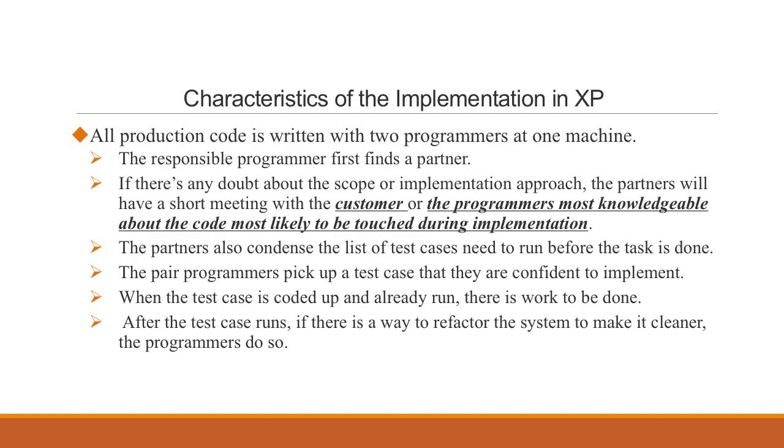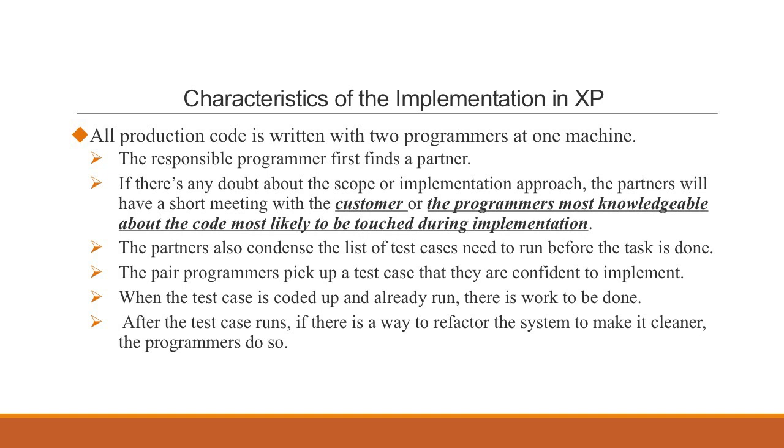Let me tell you what's the characteristic of the implementation in extreme programming. All product code is written with two programmers at one machine. The responsible programmer first finds a partner.